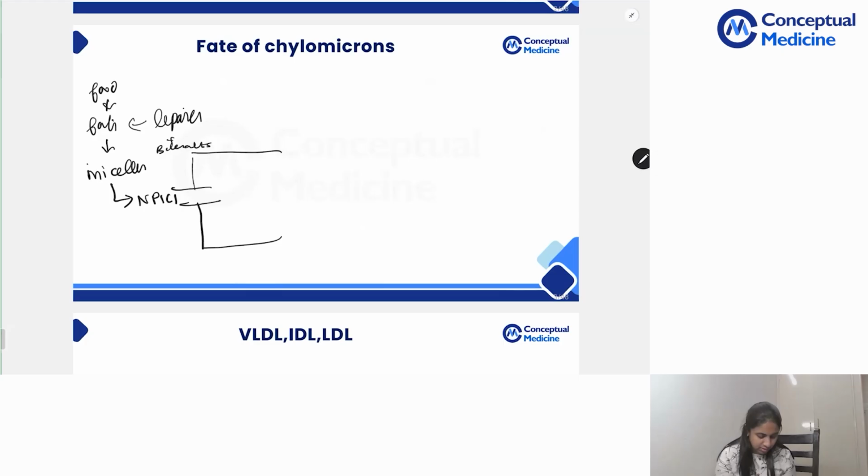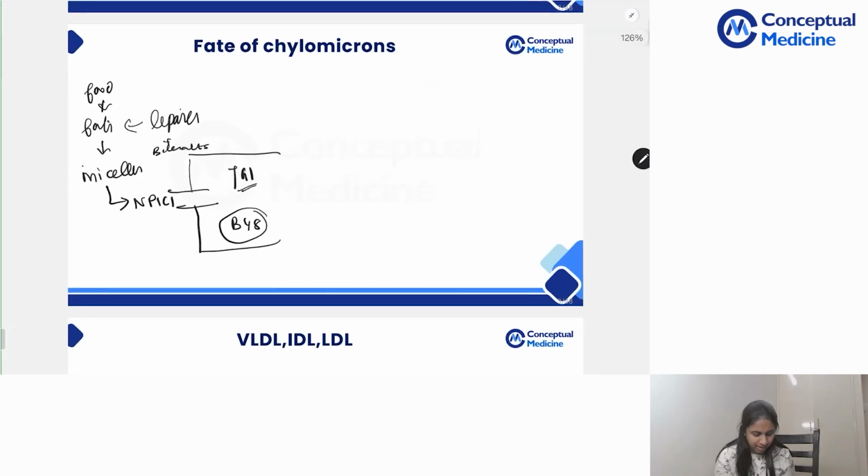Within the enterocyte, the apoprotein B48 as well as the other proteins are all produced by our endoplasmic reticulum. And finally, all these triglycerides are packed up into a chylomicron. This is called a naive chylomicron, a very naive chylomicron.